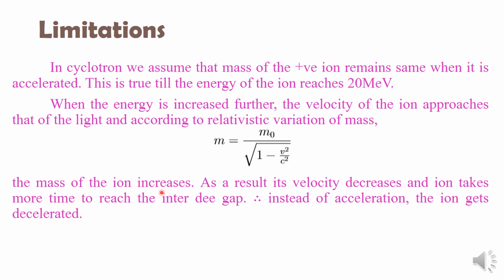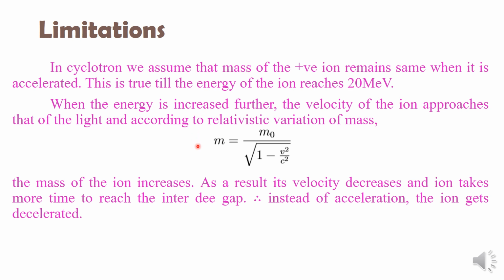When the mass of the particle increases, you know that you have seen in the expression for the velocity, when the mass increases, the velocity of the particle decreases. Now, when the velocity of the ion almost approaches the velocity of light, instead of experiencing acceleration, the particle will start to experience deceleration, because the mass of the particle increases.